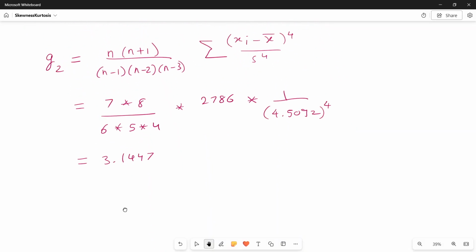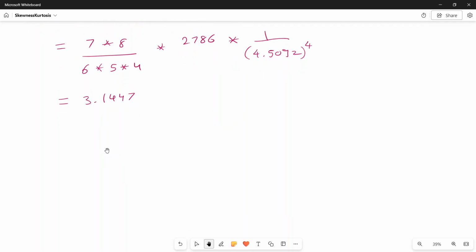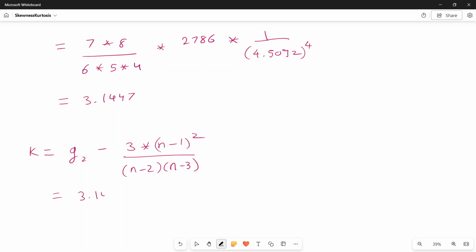Okay. Now let's calculate the excess kurtosis. So for excess kurtosis, you know the formula. Let's say K is equal to G2 minus 3 times n minus 1 square upon n minus 2 into n minus 3. So this will be 3.1447 minus 3 times 6 square upon 5 into 4.